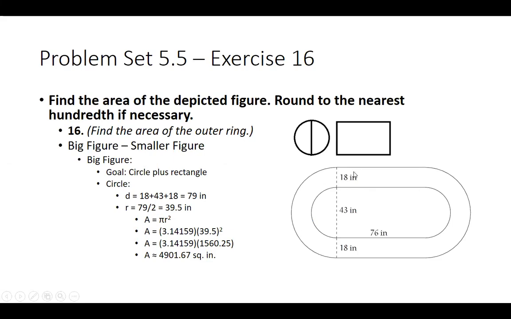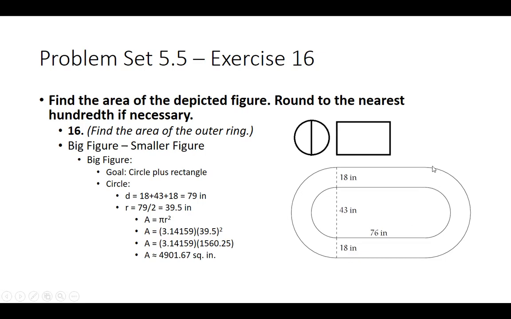Number 16. We're going to have a lot of steps here. But again, we want to find the area of the depicted figure. And for 16, we're finding the area of the outer ring. So let's think about this. We see that this is split here.